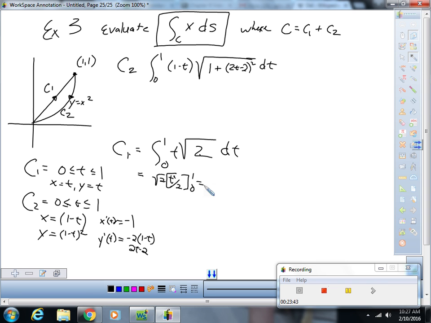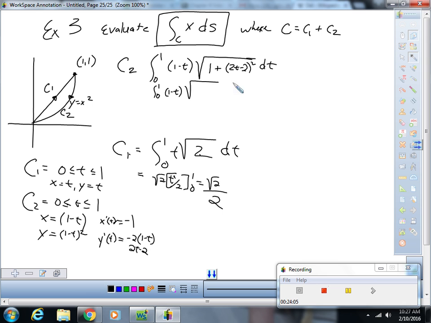So it's radical 2 over 2. Okay? And then up here, this is going to take a lot of space. Yeah, we'll probably do that in our calculator. You're right.